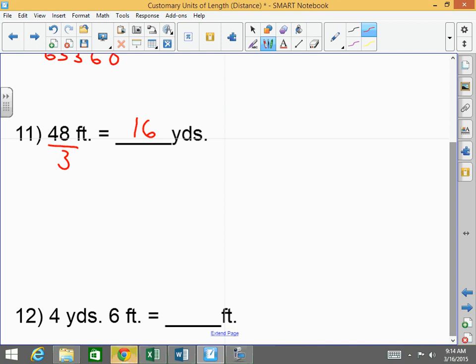So from yards to feet, am I going small to large or large to small? Large to small. So do I multiply or divide? So 3 times 4 is 12 feet, correct? Plus 6 feet equals 18 feet.